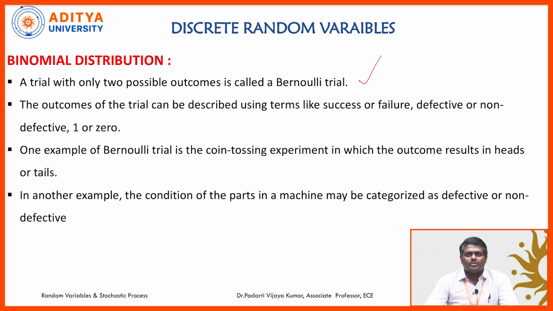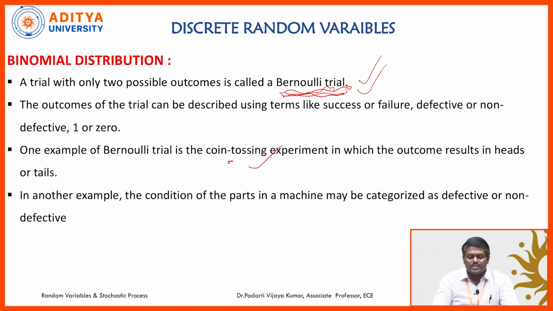The outcome is either success or failure, defective or non-defective, 1 or 0, yes or no, and the same experiment is repeated multiple times, and the events defined on that random variable are independent. Then those trials are called Bernoulli's trials. Whenever the experiment comes under the category of Bernoulli's trials, we can apply the concept of binomial random variable. We can assume by default it is a binomial random variable.